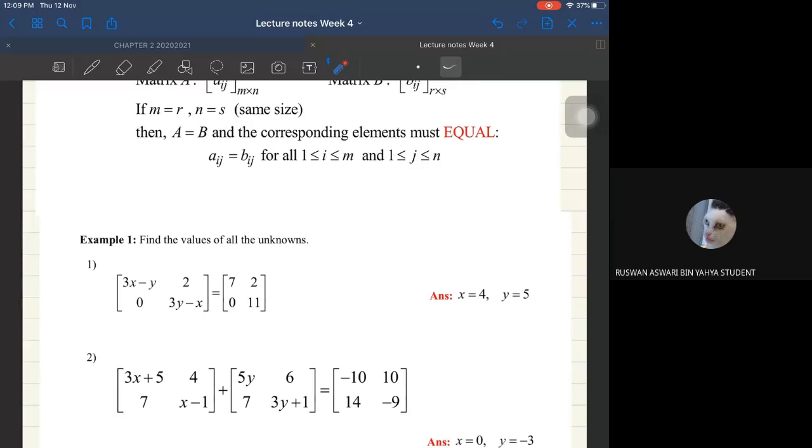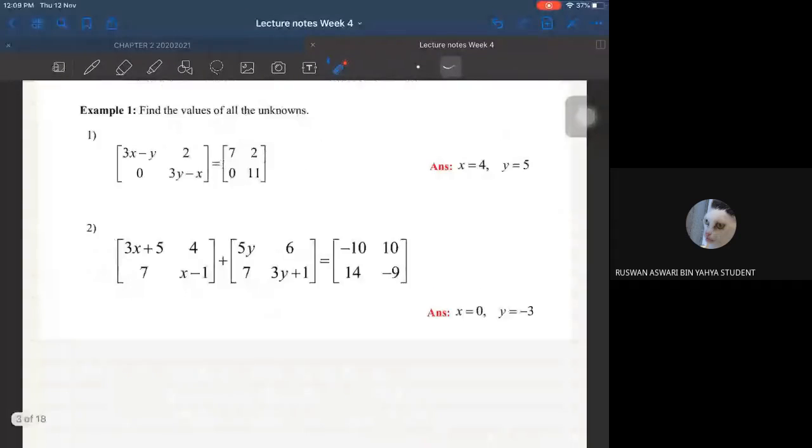So as you can see here, if you have 2 here, then on your right hand side you have 2. If you have 0 here and on your right hand side you have 0. Okay? So if these two matrices are equal, what is the value of x and y? Kita nak cari nilai x and y.